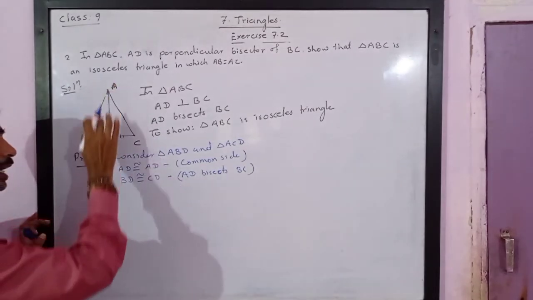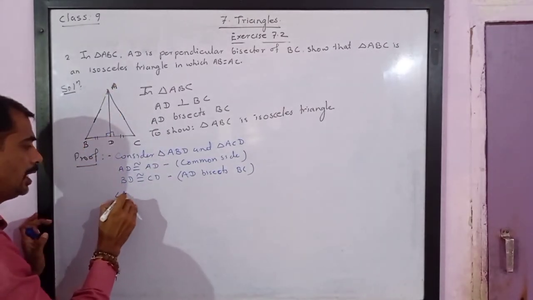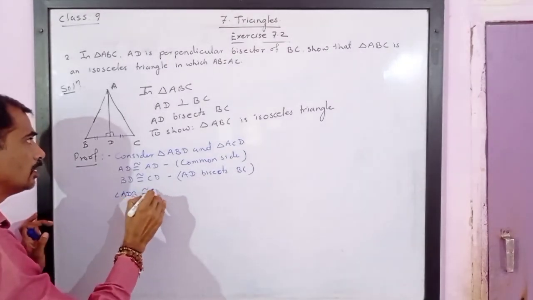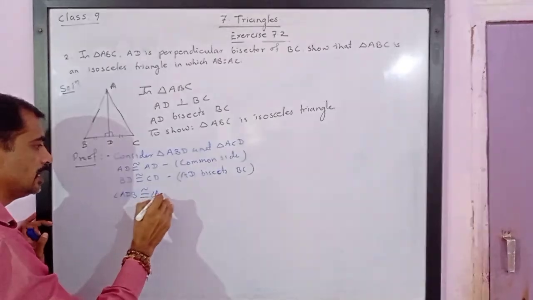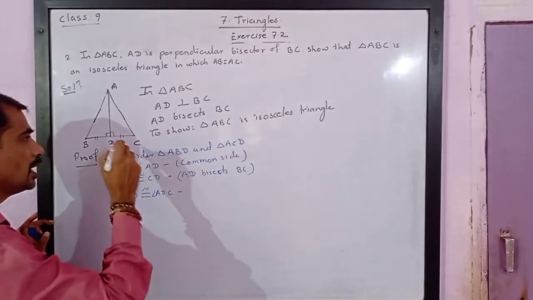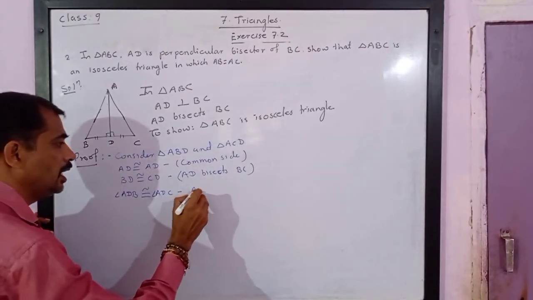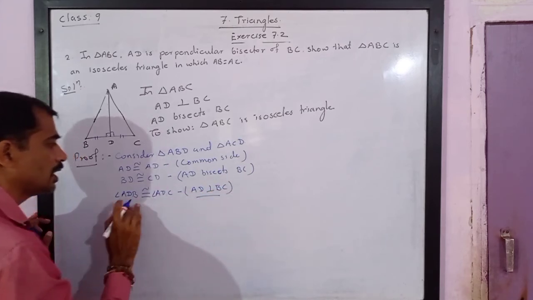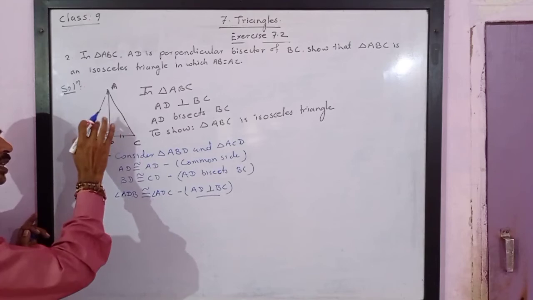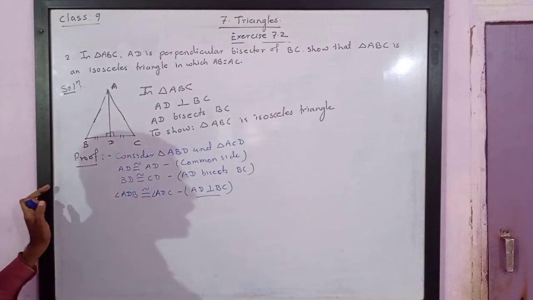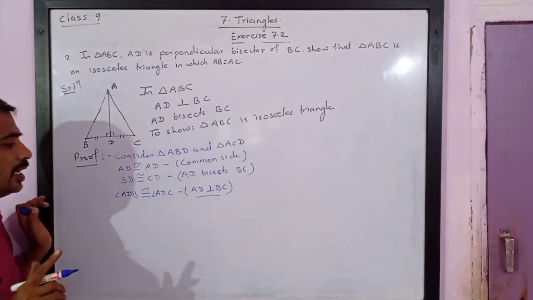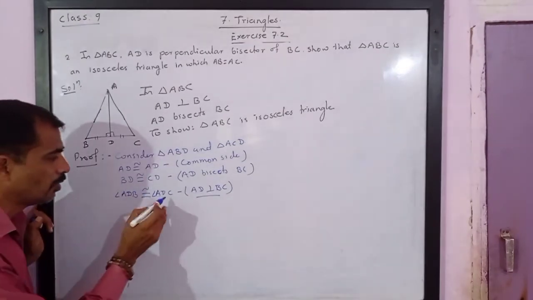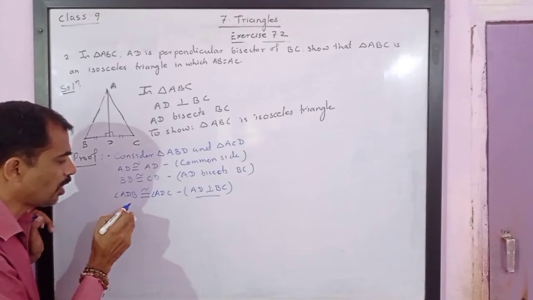And angle ADB congruent to angle ADC. Reason is AD perpendicular to BC, therefore each is 90 degrees. It means this triangle is congruent to this triangle by SAS test. But for writing this, we need to write one-to-one correspondence. So please note, one-to-one correspondence can be written from the angles first.